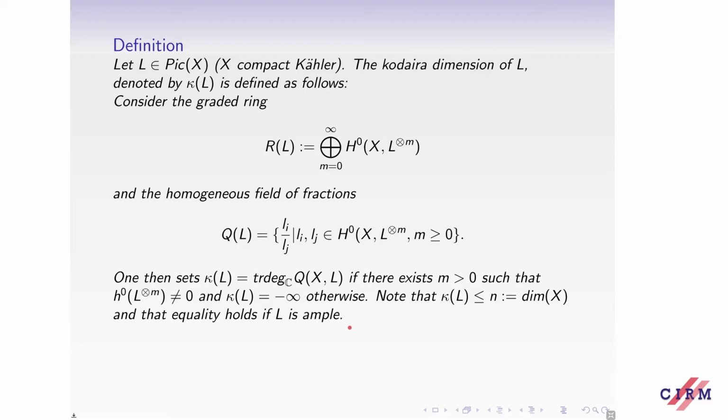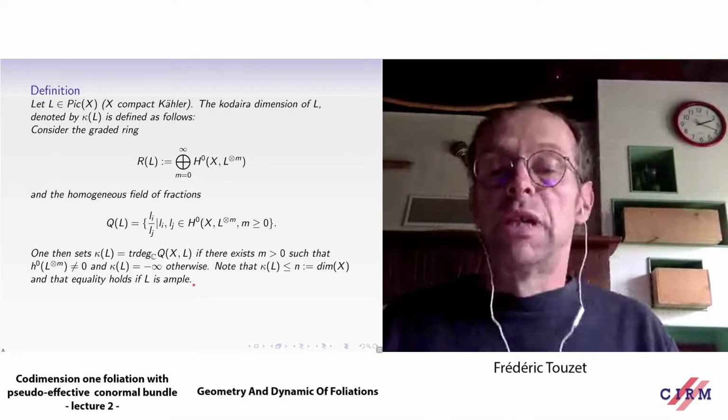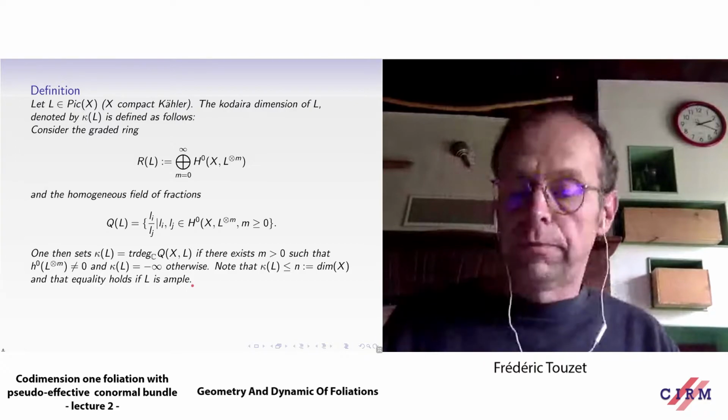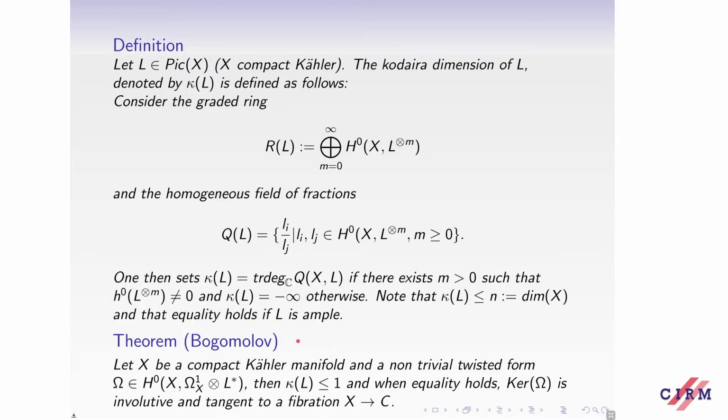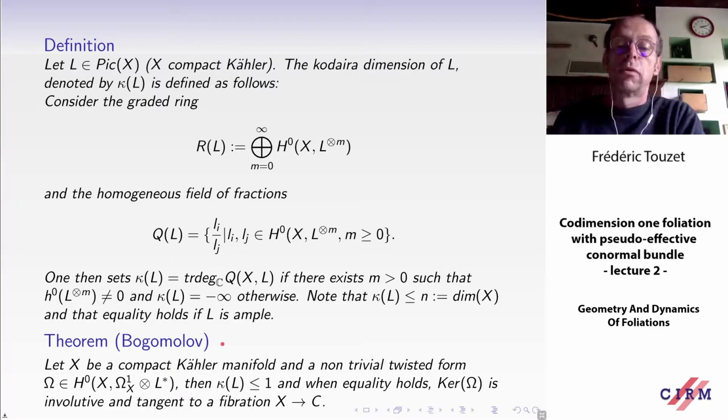More generally, when equality holds, the line bundle is said to be a big line bundle. Okay, so with this in hand, one can state Bogomolov's theorem, which is a generalization of the Castelnuovo-de Franchis theorem. This is the following.